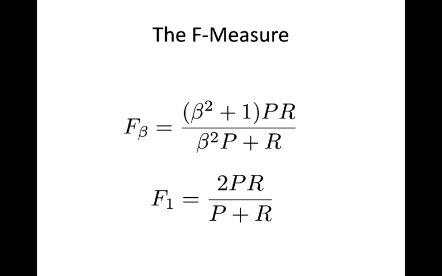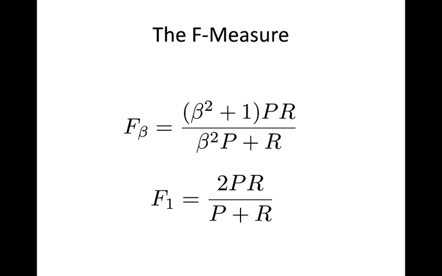This should roll off your tongue. F1 is the harmonic mean of precision and recall. Repeat that to yourself. F1 is the harmonic mean of precision and recall. You need to know that.